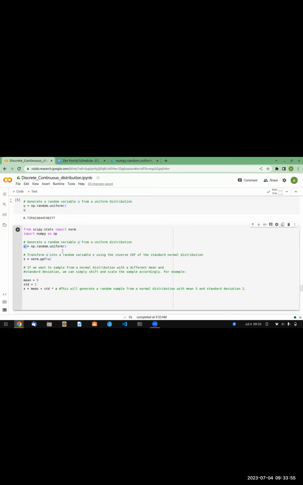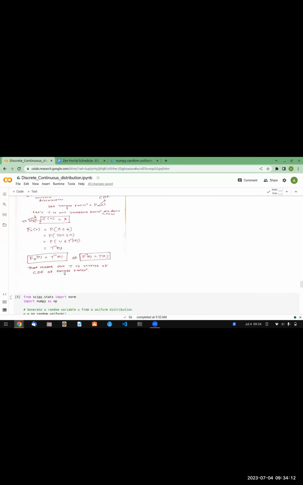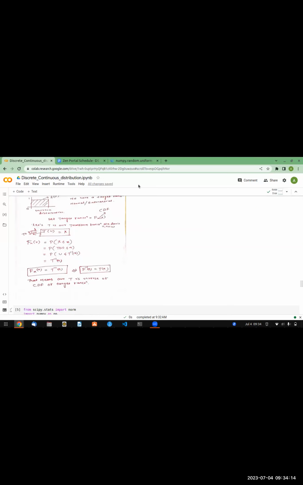Excuse me, sir. You said we get the inverse from the CDF. Does inverse mean the negative value, or what? No. The answer lies in the mathematics. What do we mean by the inverse of a function?